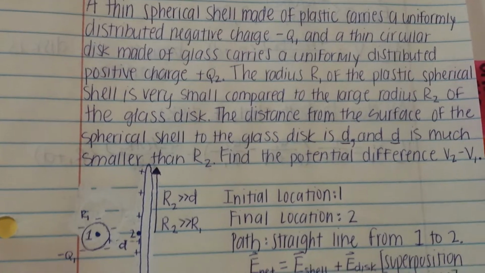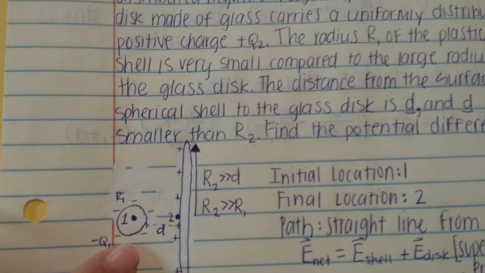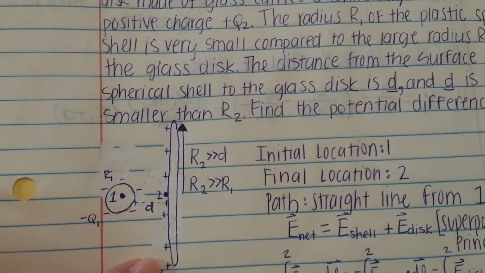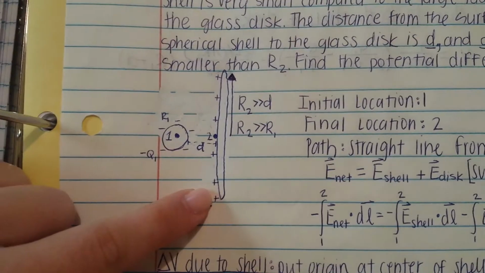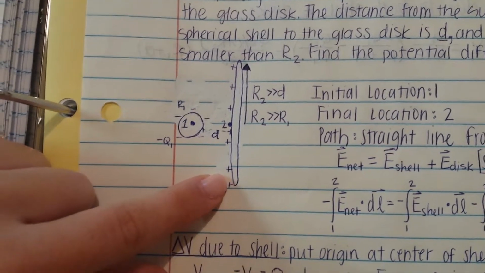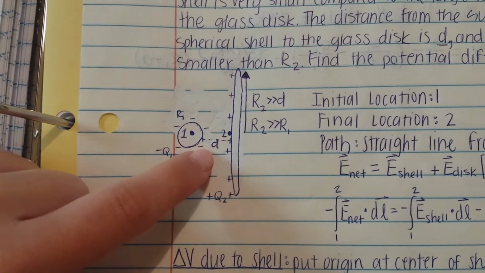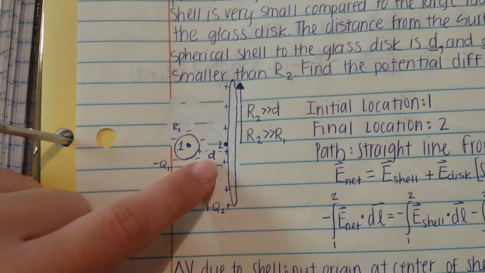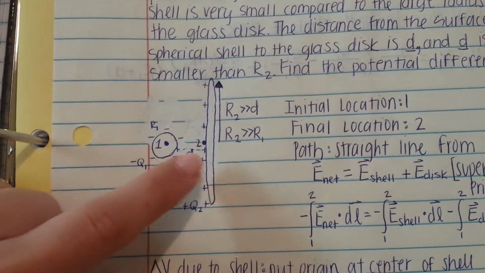So I have a picture drawn here of the shell, and this is the glass disc next to it. And you can see they're pretty close together. This is the distance d apart. And this is the initial location 1.